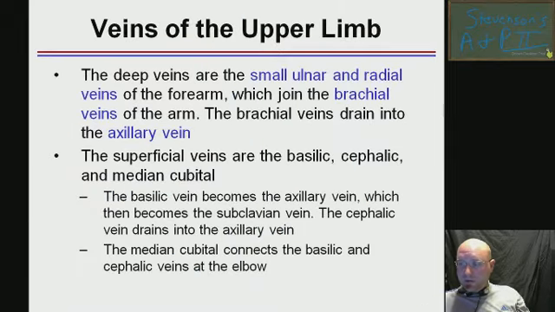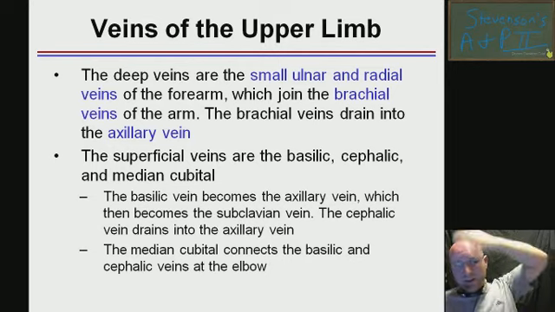Veins of the upper limb. Deep veins are the small ulnar and radial veins of the forearm, which join the brachial veins of the arm. The brachial veins drain into the axillary vein. The superficial veins are the basilic, cephalic, and the median cubital. The basilic vein becomes the axillary vein, which then becomes the subclavian vein, and the cephalic vein drains into the axillary vein.